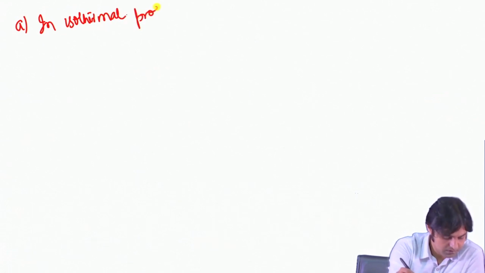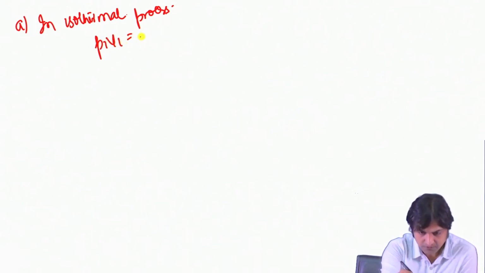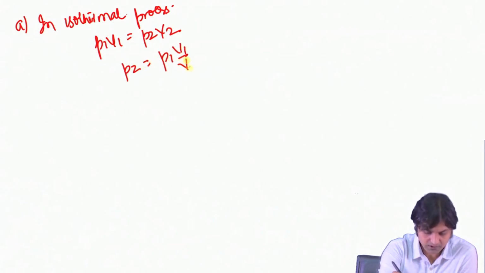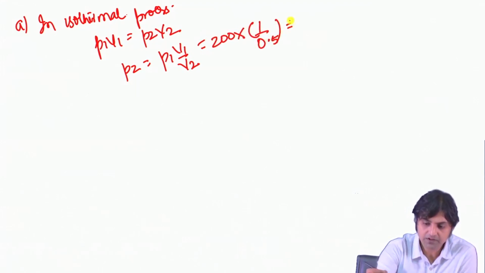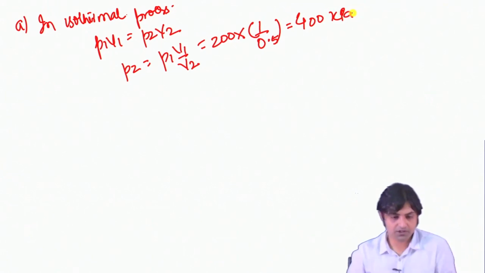So in isothermal process, P1 V1 is equal to P2 V2, therefore P2 is equal to P1 V1 by V2, or 200 into 1 by 0.5. This is very simple to calculate, and this is 400 kilopascal absolute, right?